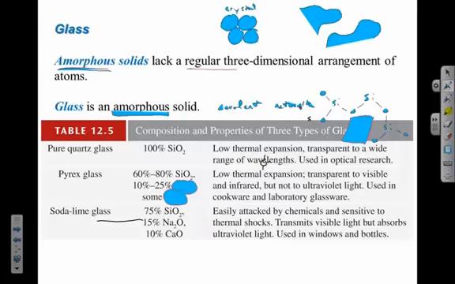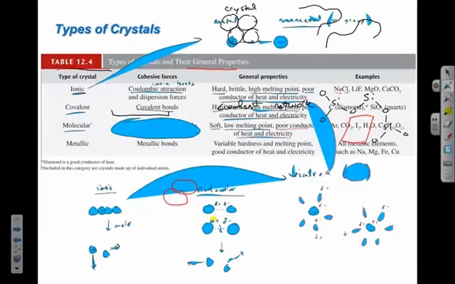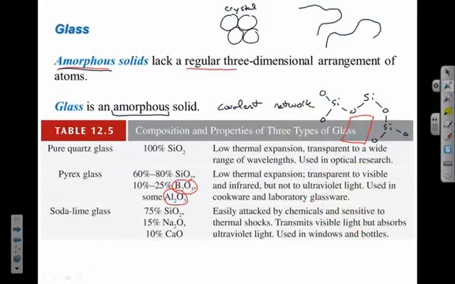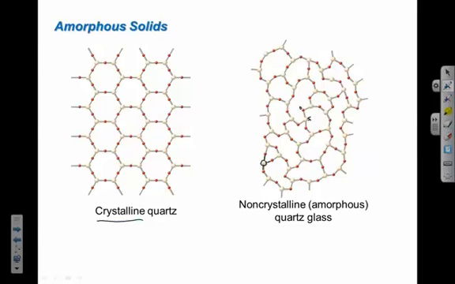I wanted to mention a couple other things about this section involving solids. So one thing is that you can also do something called cross-linking, which is very common in material science.